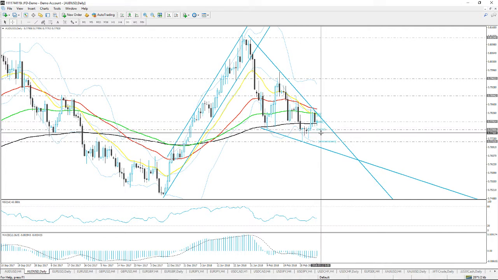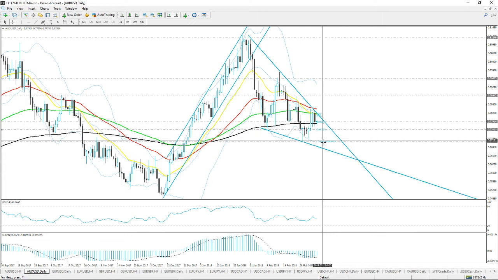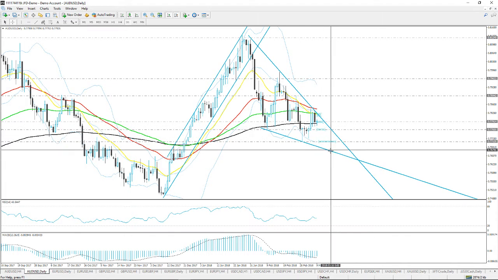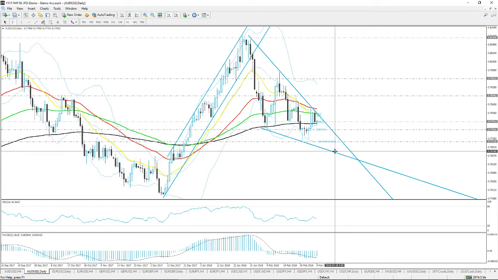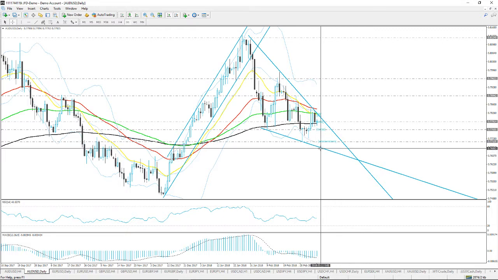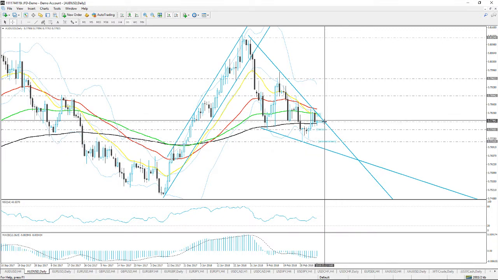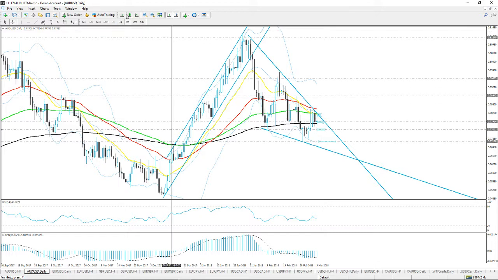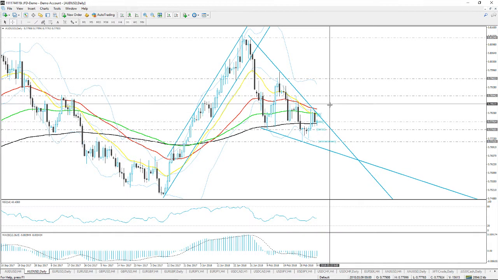If that doesn't hold, it's opening the path towards lower levels, especially maybe towards the bottom side of the falling wedge. On the upside, if we get a break above the upper side of the wedge, then like I said, we could see some higher levels.